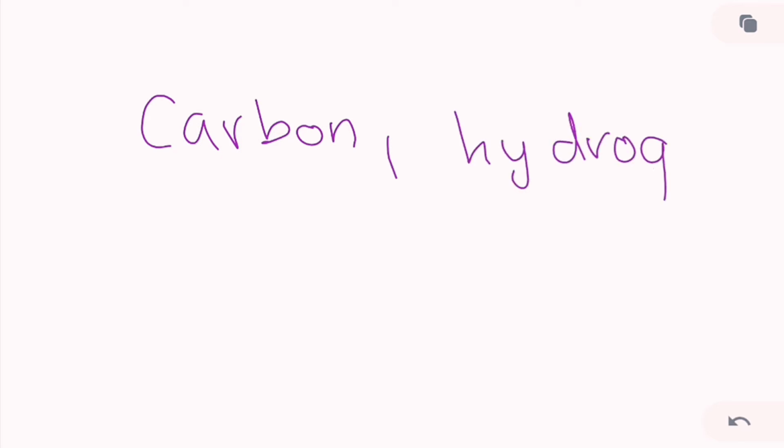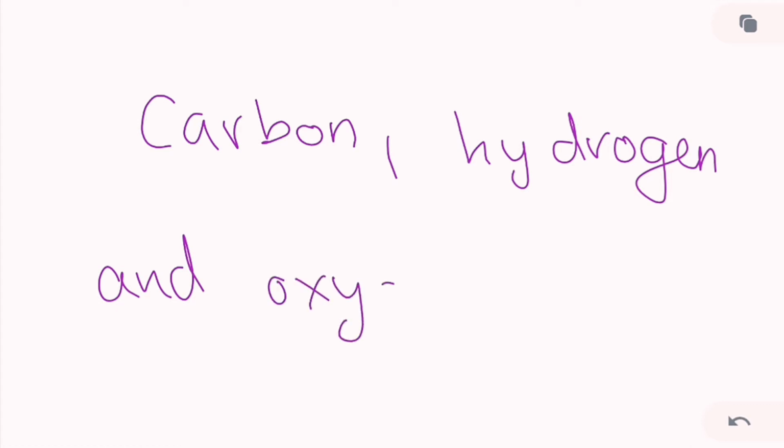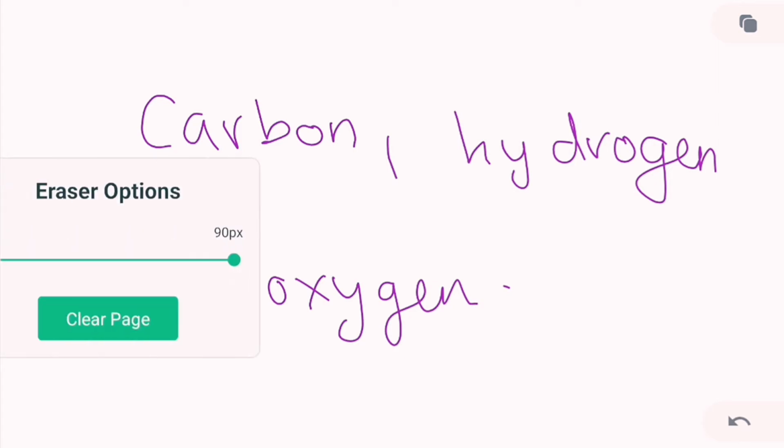Carbohydrates are compounds made up of carbon, hydrogen, and oxygen. They come in simple forms and also complex forms.